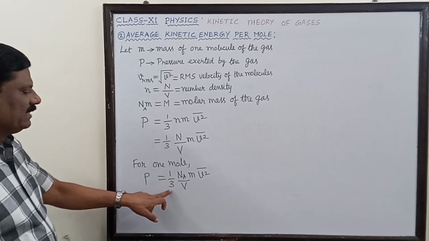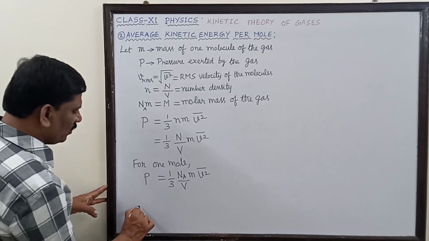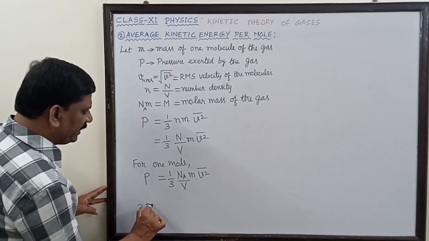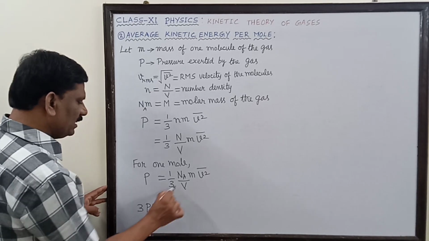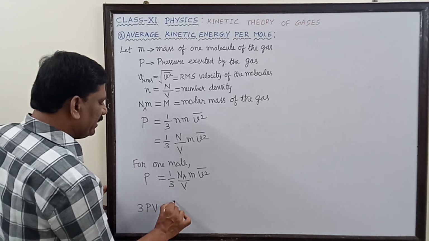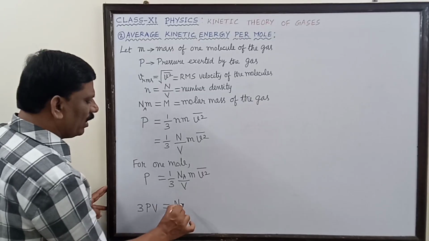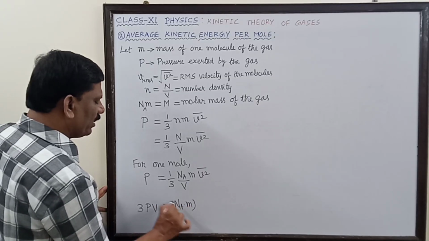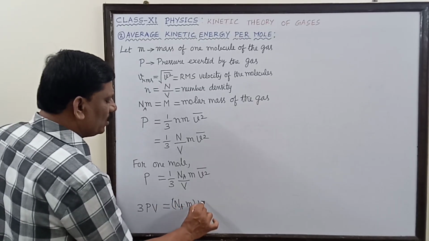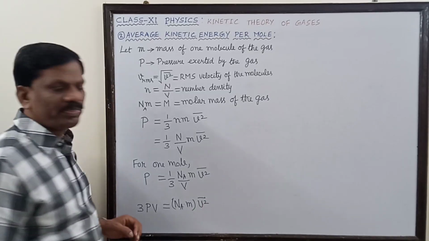Now shift the 3V to the left hand side. So the left hand side becomes 3PV is equal to Na into m, the number of molecules in 1 mole multiplied by the mass of 1 molecule, into V square average.